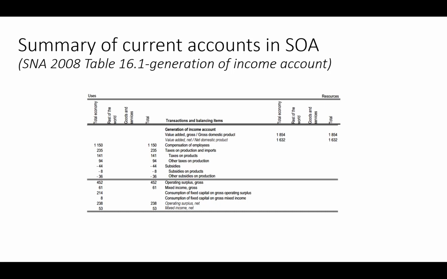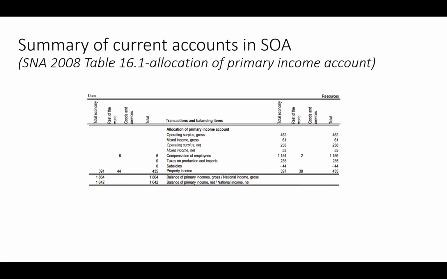So the balancing item from the previous account starts the generation of income account. And then as we see here, the balancing item is operating surplus, mixed income. And if we move to the next slide, we will see here the operating surplus, gross and net values. So each account starts with the balancing item from the previous account.